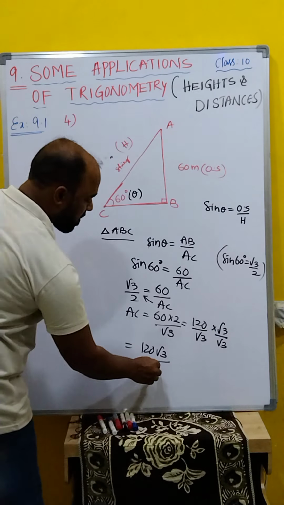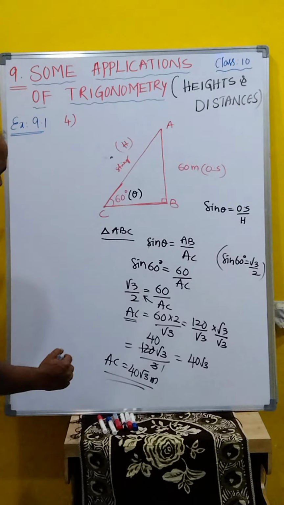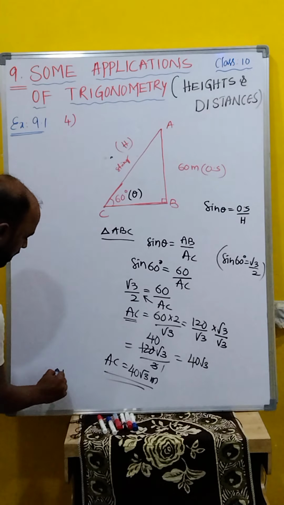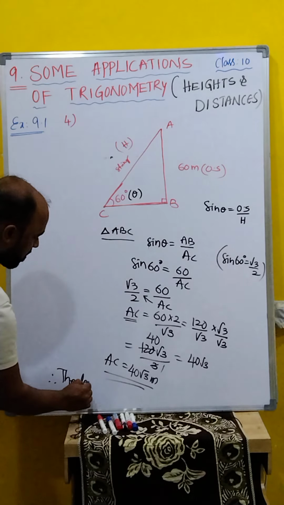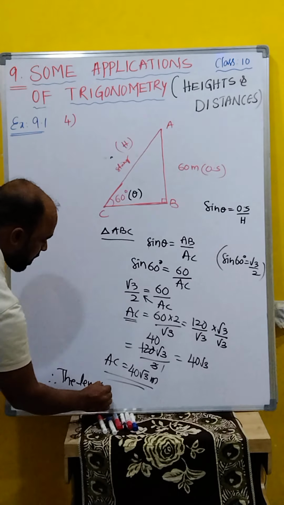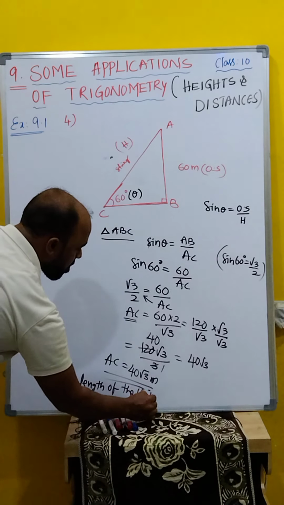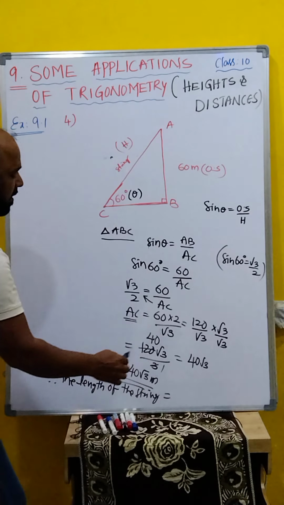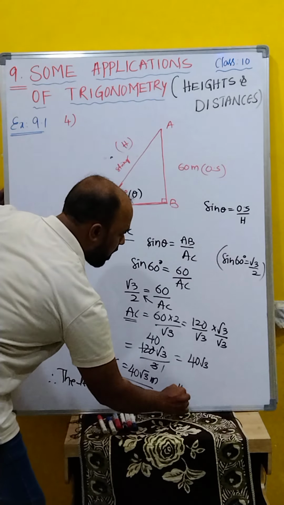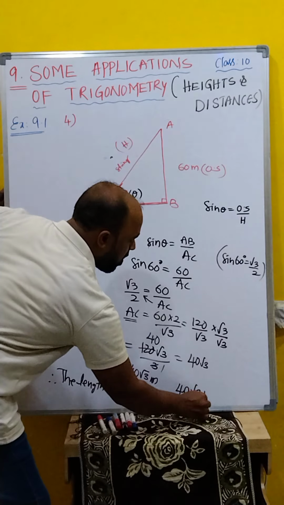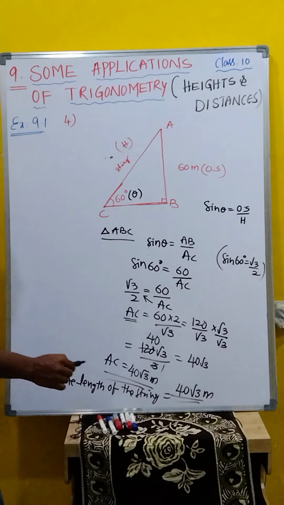AC is equal to 40 root 3 meters. What is asked? Find the length of the string. Therefore, the length of the string or length of the thread is 40 root 3 meters. Clear, children? This is the answer.